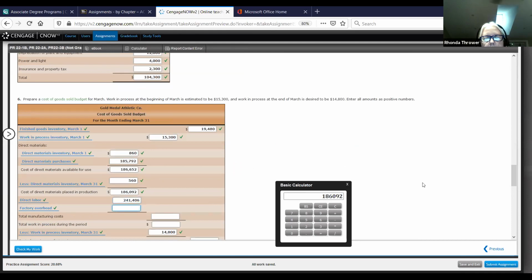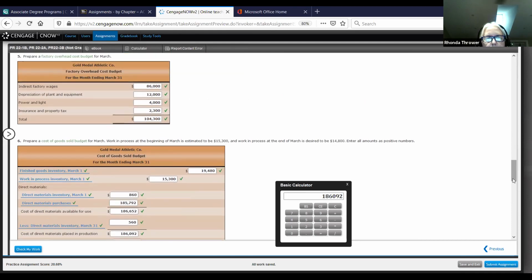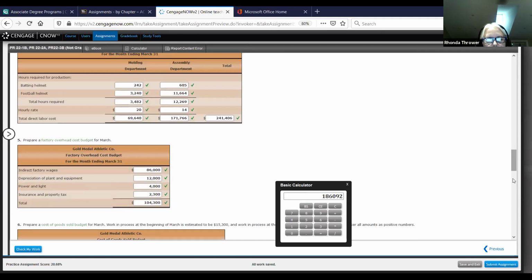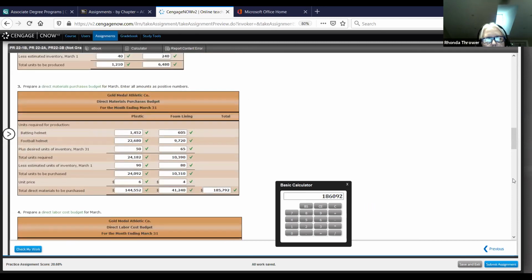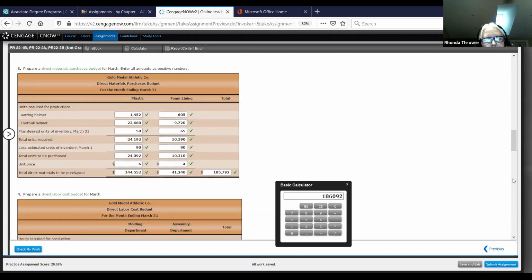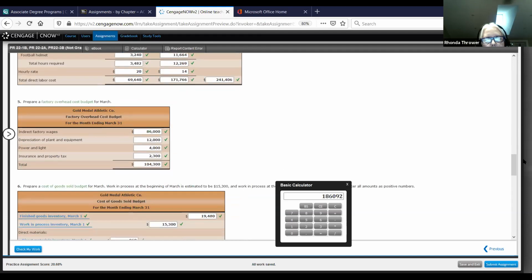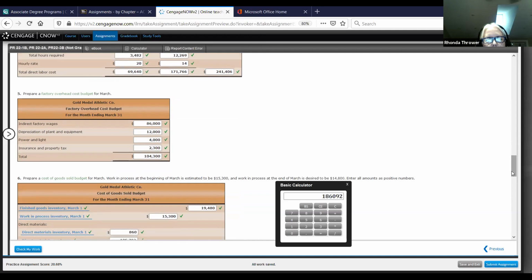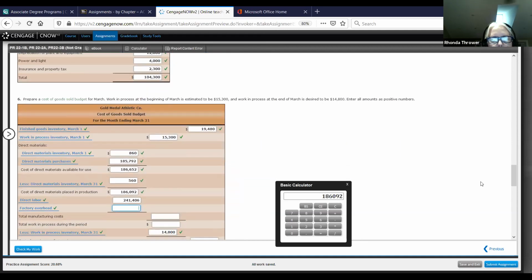Our factory overhead comes from our factory overhead budget. So our factory overhead budget is right here, 104,300 goes next.